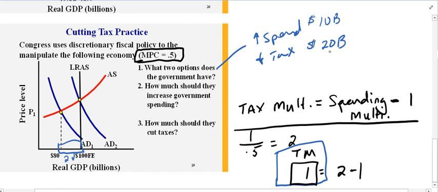Why? Because of this 20 billion, 10's going to get spent, or consumed. Let's say consumed. And 10 will get saved. So this 10 will get consumed. It'll do the same thing as the government spending. Okay? And that's how tax works.